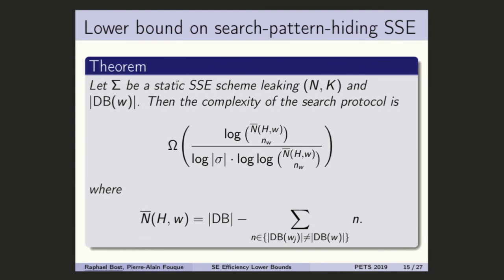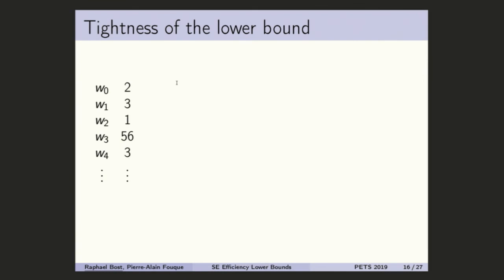I'm not going to read it out loud, but this is essentially what I showed you, and the log factor here is only an artifact of the proof. It should go away if we have better calculus skills than mine. The point is that this lower bound is tight. So I'm going to go very quickly over this.